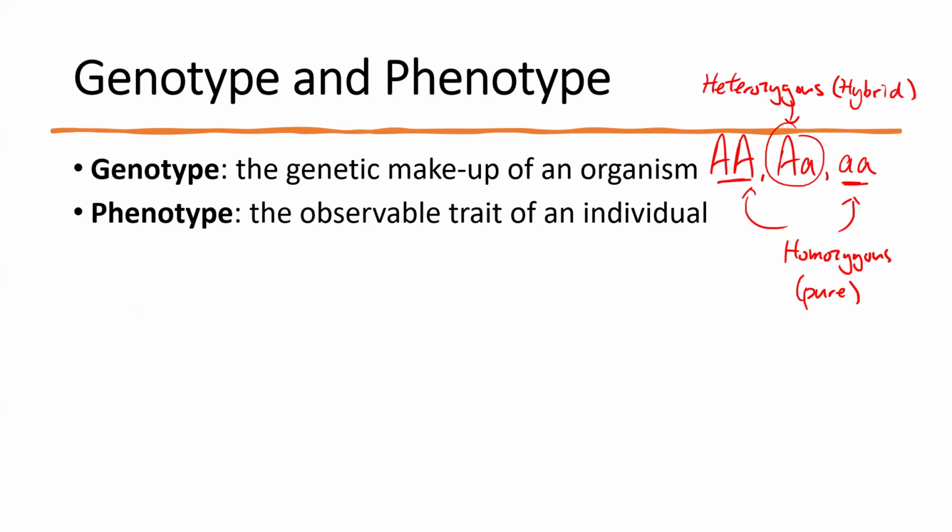Now, the phenotype is the manifestation of the gene, right? As in the expression of the gene and how it ends up showing up in the individual, okay? Two people with the same phenotype can possibly have different genotypes. The person with big A, big A will, in some cases, have the same phenotype as the person with big A, small a.